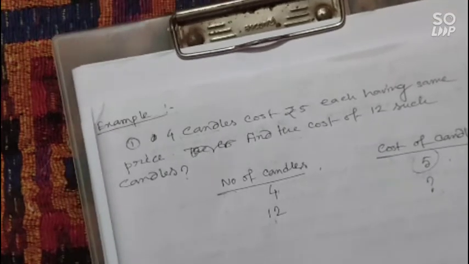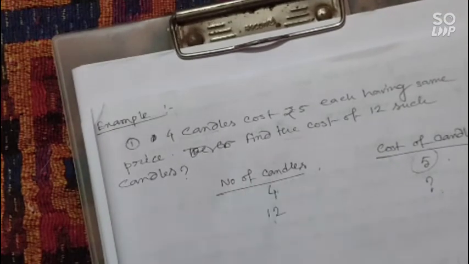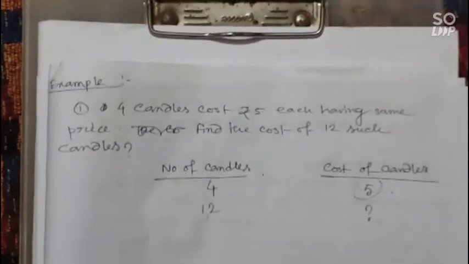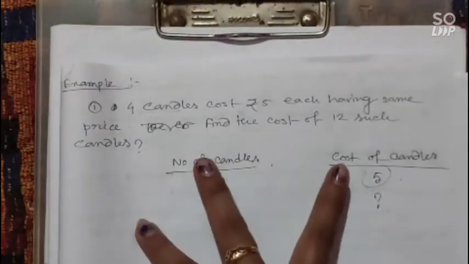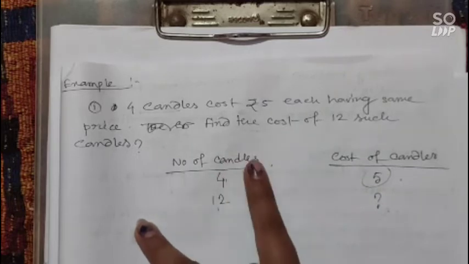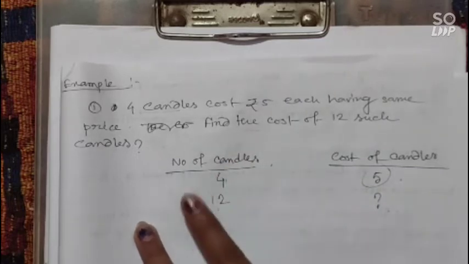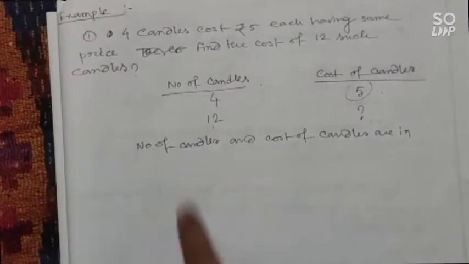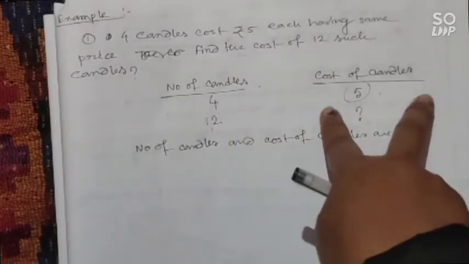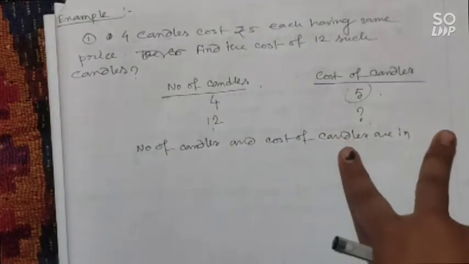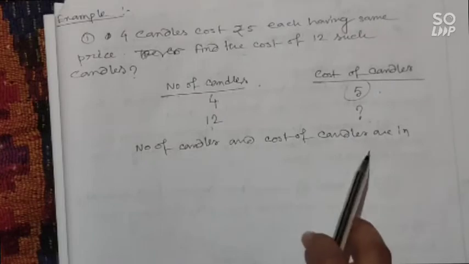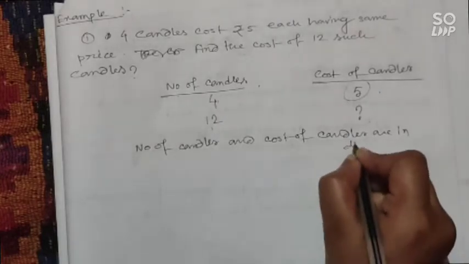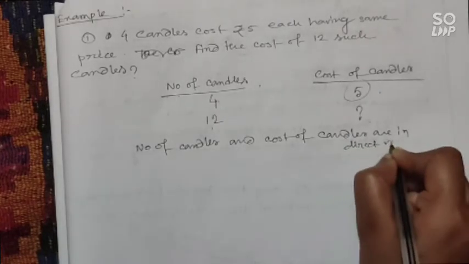So first you have to determine whether these two quantities are in direct or inverse variation. When the number of candles increases, the cost of candles also increases. So the number of candles and cost of candles are in direct variation.